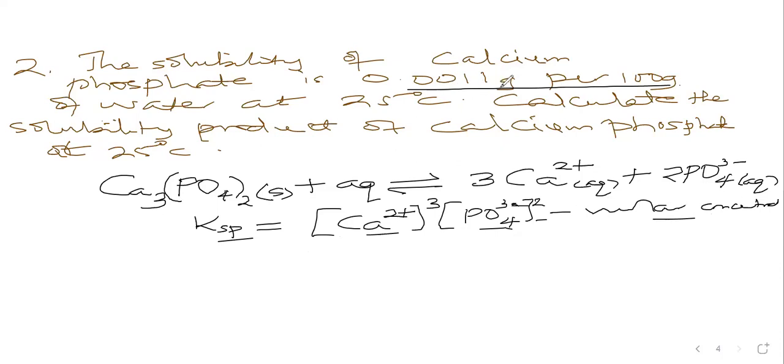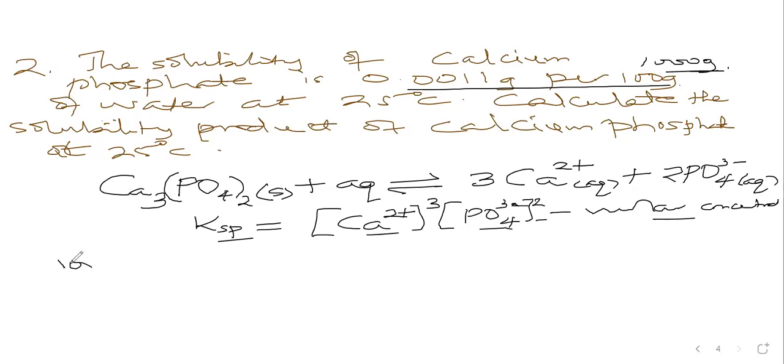And before we get RFM, let us first get the mass that will dissolve in 1,000 grams, because 1,000 grams we shall be tending to a liter. And we have to convert the grams of the water to cc's using the density of water.